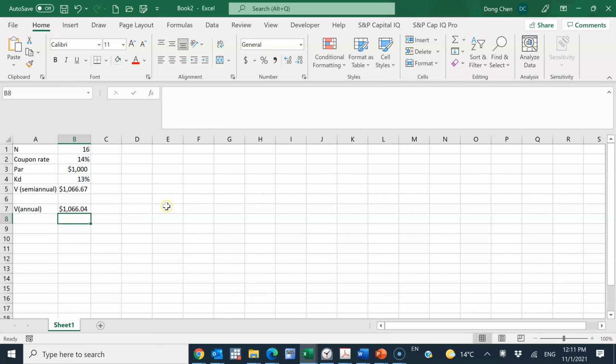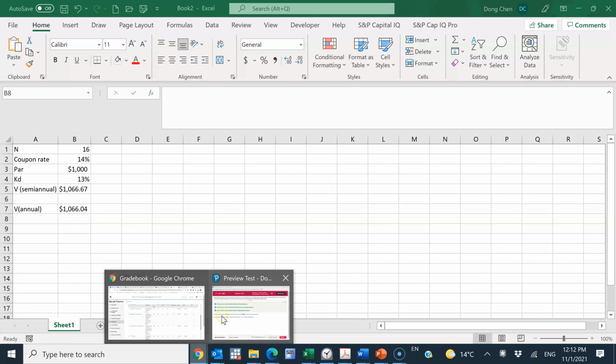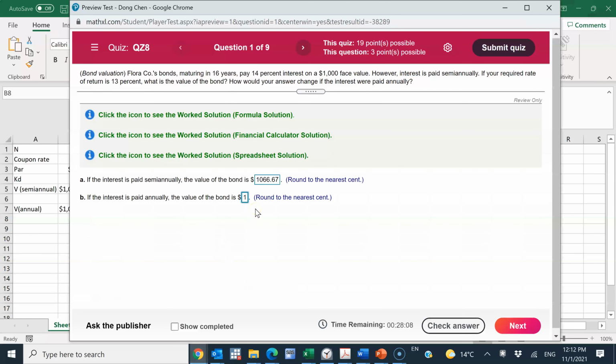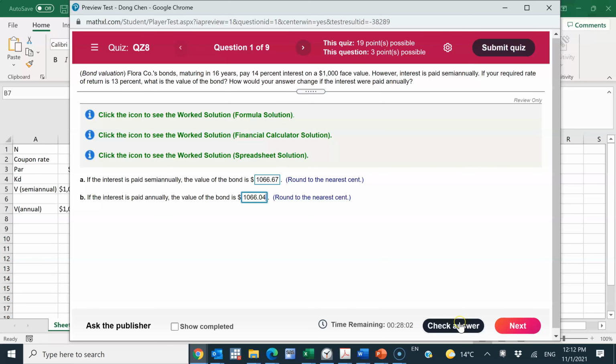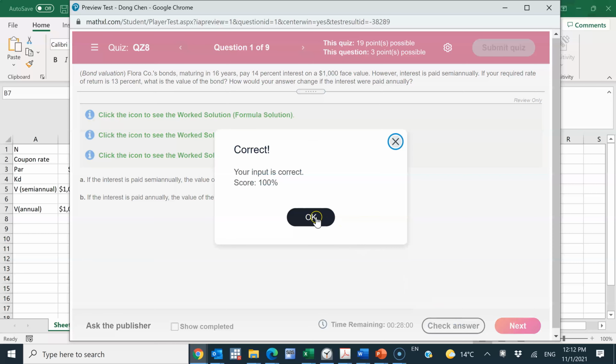And then you can see indeed this value is slightly lower than the value of the bond under semi-annual coupon payment. So that suggests that this might make sense. So it's 1066.04. Just double check. And now I can check my answer. It's correct.